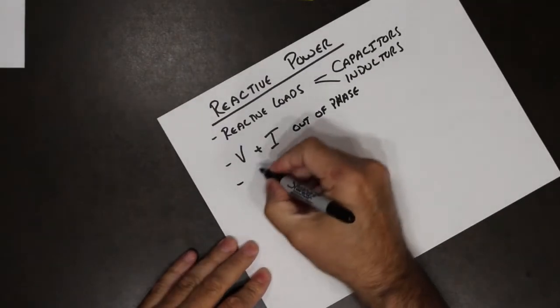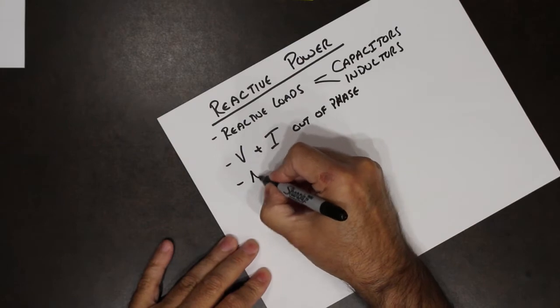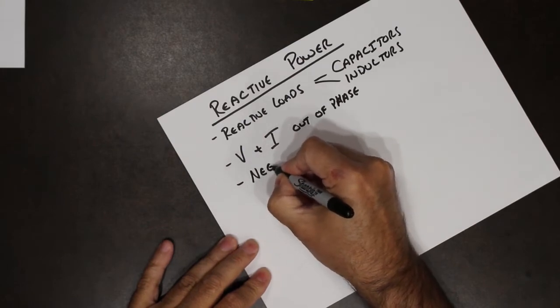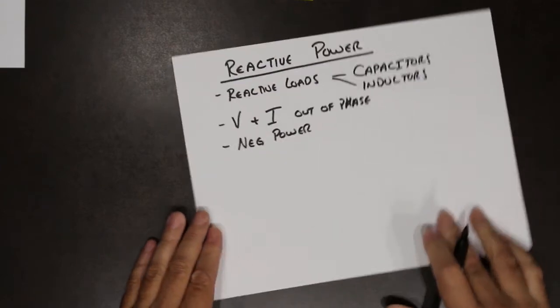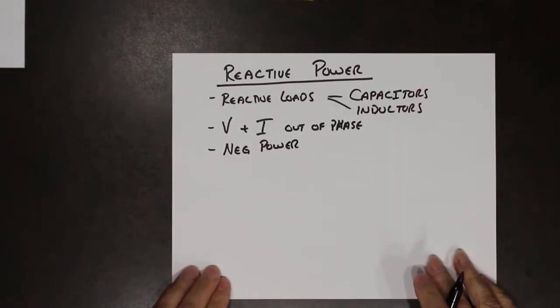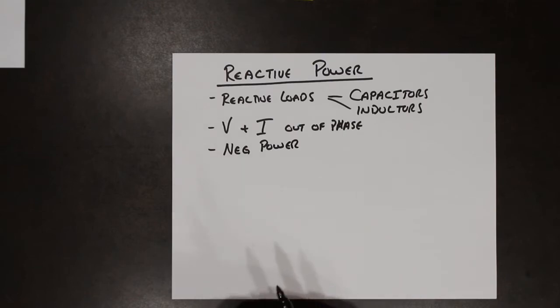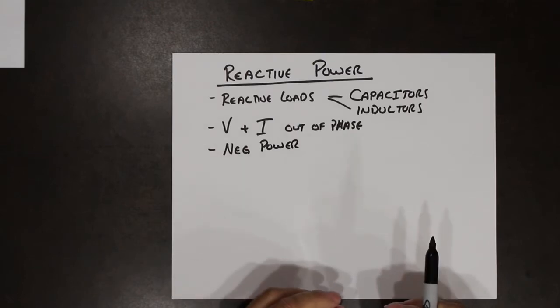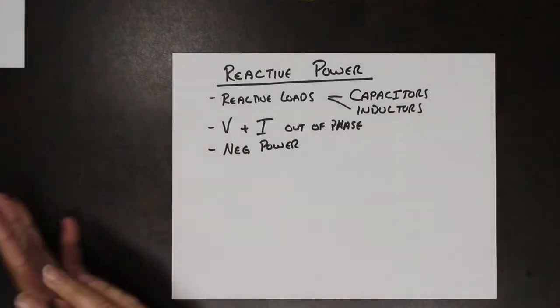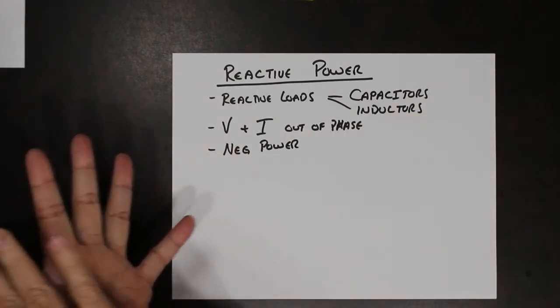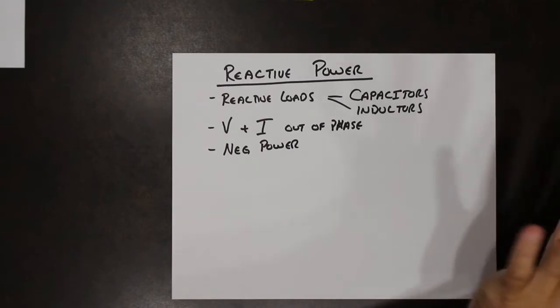Therefore, we end up with some negative power. Negative power refers to power that travels from the load back to the source and then gets sent back again.